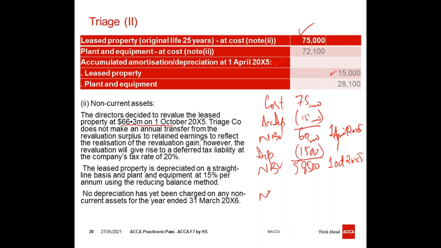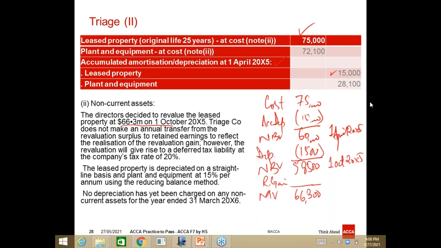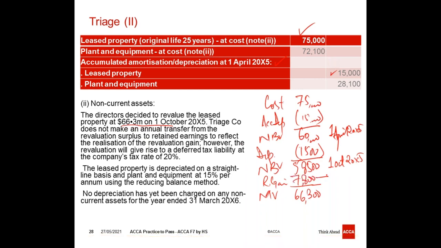Now at this date, the market value of this asset is 66,300. So there must be a revaluation gain of $7,800. Now you need to see whether we have to pay the tax on this property.